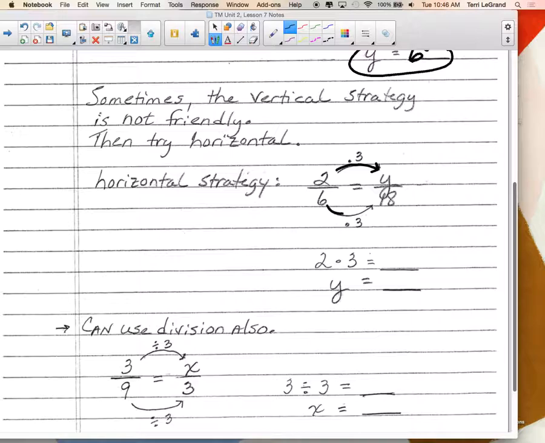So then we look down here and ask, what do you have to do to the denominator 6 to get the denominator 18? It's like renaming fractions when we're looking for fair shares, isn't it? 6 times 3 is 18, so then 2 times 3 should give us our y value.